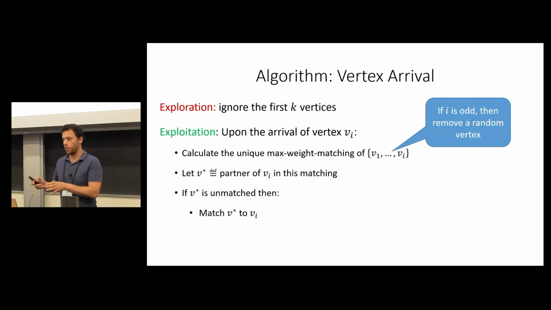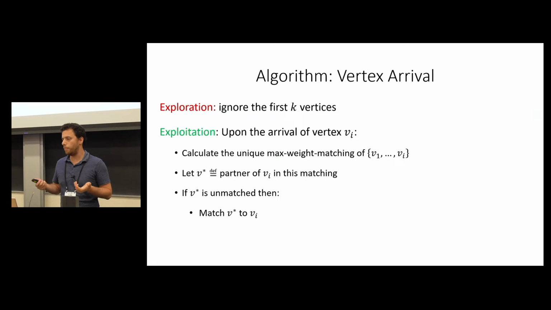So what we actually do is remove a random vertex and do it on the vertices without the randomly removed vertex for this step. And after we calculate the unique maximum weight matching, we find the partner of v_i in this matching.